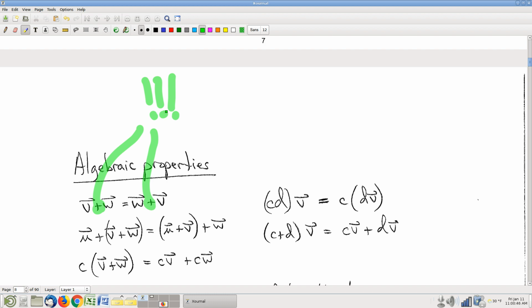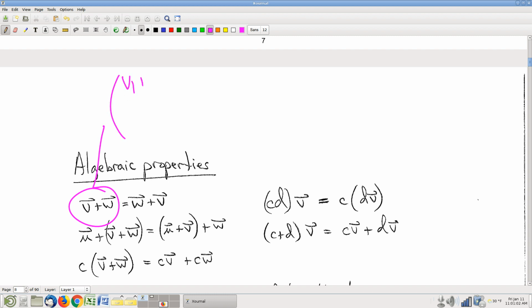That's a little algebra problem to confirm that that's true. Now, good news, yes, it is true. But this does require a proof, and the way you prove this is no big deal. You just write down, look, we have a formula for that. That is V1 plus W1, V2 plus W2, V3 plus W3.